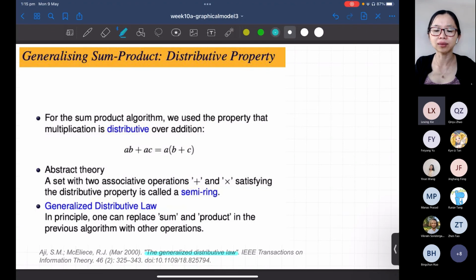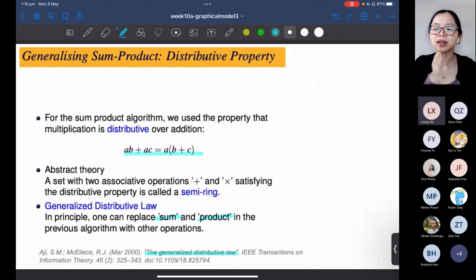It spells out the generalized distributive law. Meaning that in this distributive law that we learn in elementary school, the not so elementary part is we can replace sum and product.